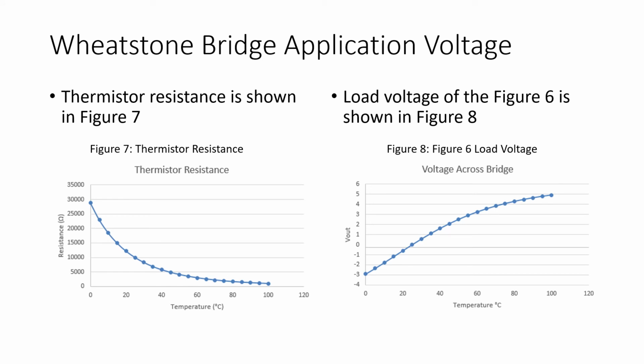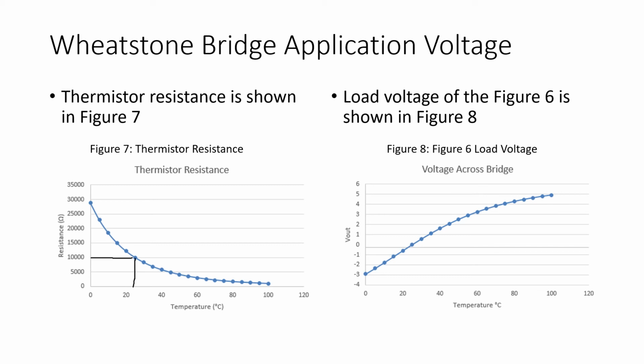So, Figure 7 shows us the resistance of that thermistor as a function of temperature. And you note that at 25 degrees Celsius, the resistance of the thermistor is 10 k ohms.